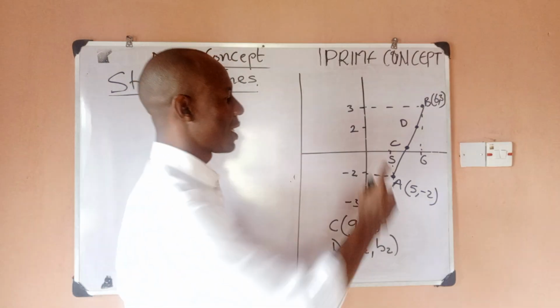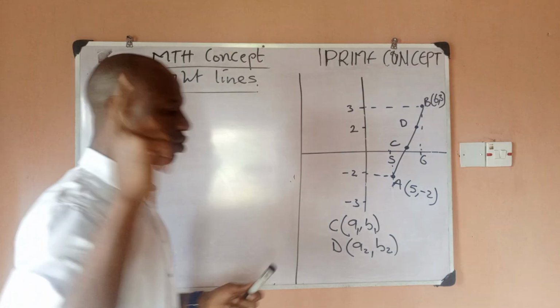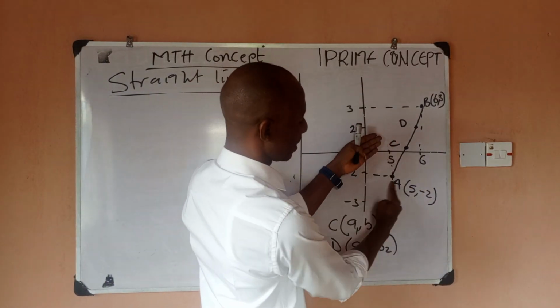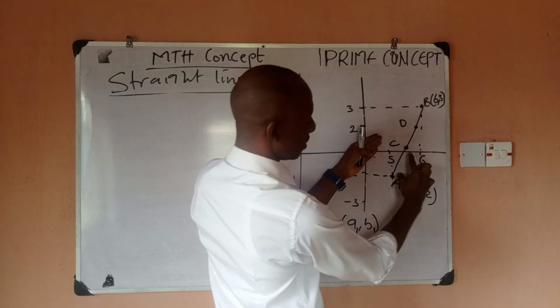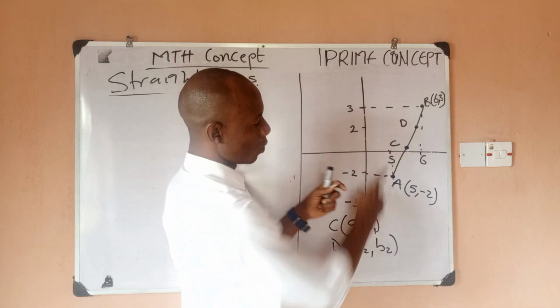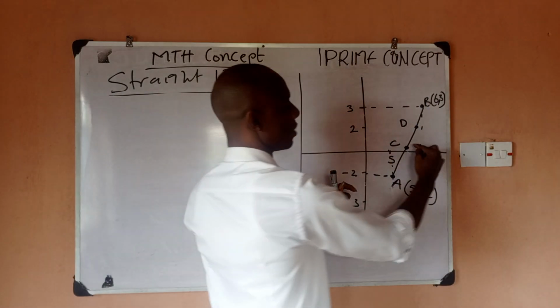So let's consider point C alone, right? Now you will notice that point C divides the line AB in the ratio, we can say this is 1, then this is going to be what? 2. So point C divides the line AB in the ratio 1:2.